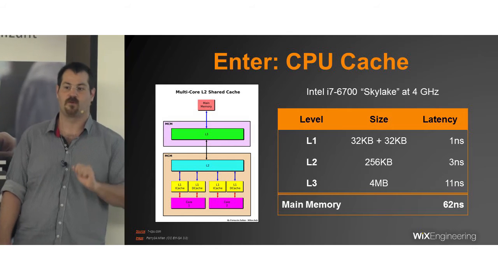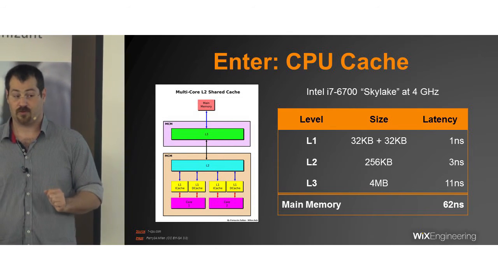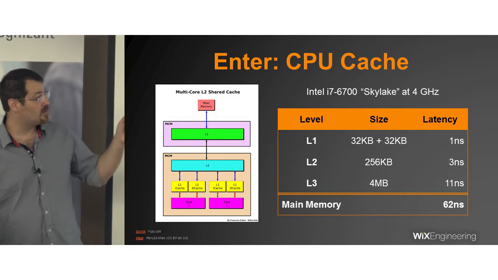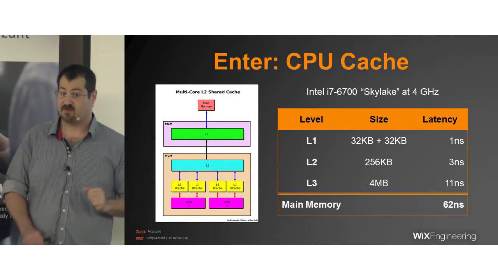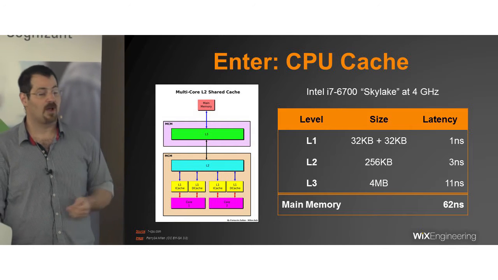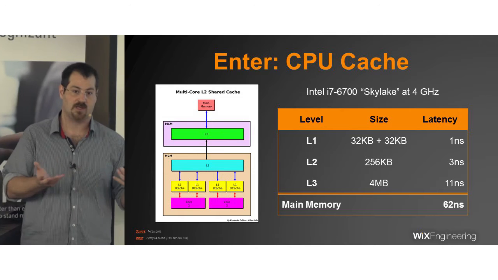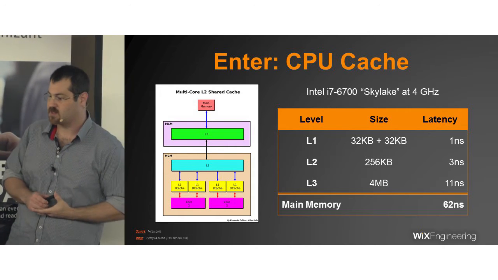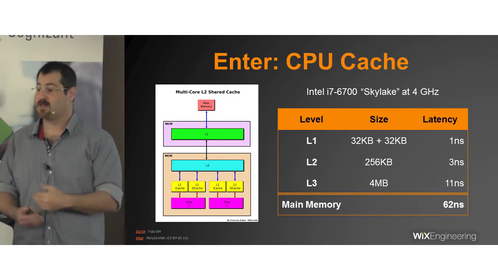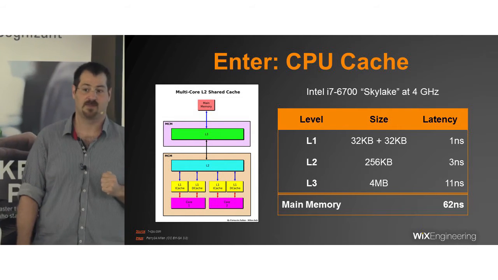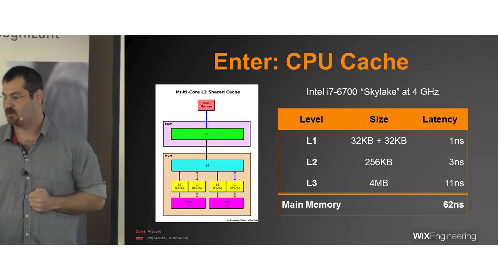It tends to be 4 to 5 CPU cycles, which is 2 orders of magnitude faster than RAM access. Then your level 2 cache takes 3 to 7 nanoseconds, and typically you might also have a level 3 cache that's shared between the CPU cores and takes 11 to 20 nanoseconds to access. Main memory, on the other hand, is humongous, but you need to go over the wire to access it, which takes time, 62 nanoseconds for a modern processor.